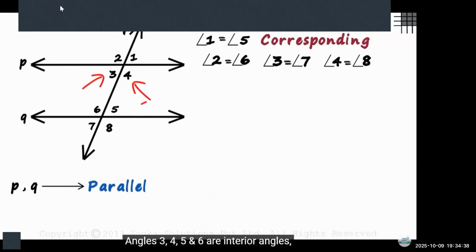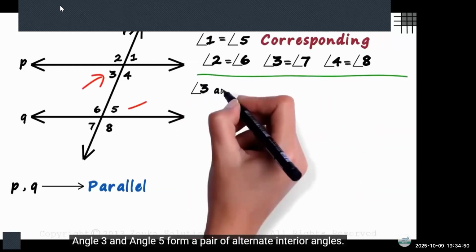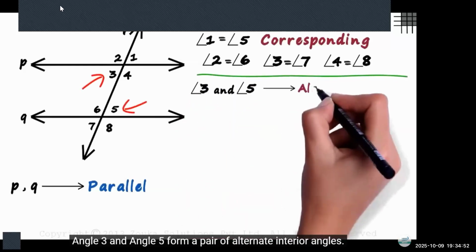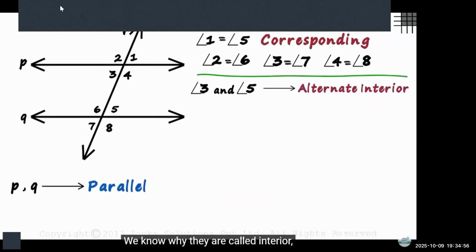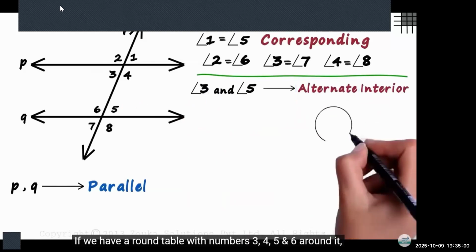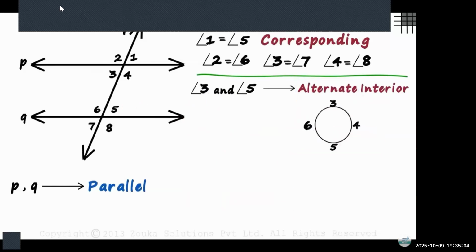Angles 3, 4, 5 and 6 are interior angles because they are between the two parallel lines, and they are classified into two types. Let's understand the first type. Angle 3 and angle 5 form a pair of alternate interior angles. We know why they are called interior, but why exactly are they called alternate? If we have a round table with numbers 3, 4, 5 and 6 around it, then 5 is alternate to 3.